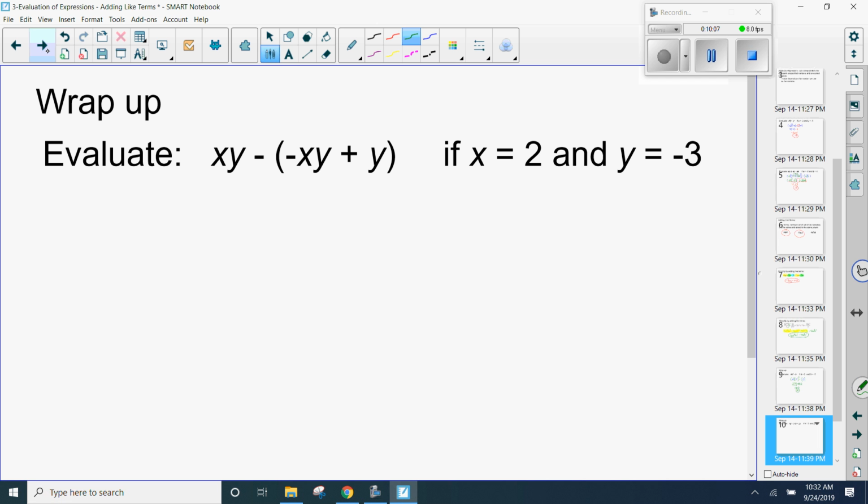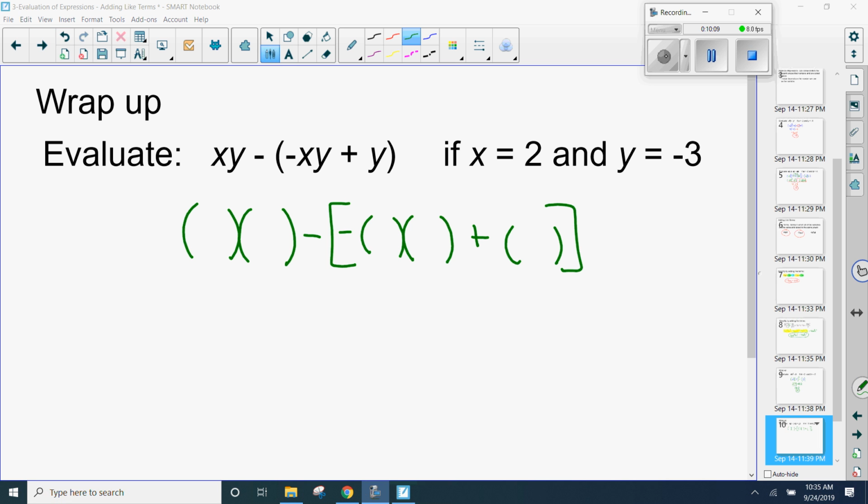Here's another one for you to try. All right. Start with your parentheses for your variables. Put your brackets in for the parentheses. X has a value of 2, and Y has a value of -3. First place that you start is parentheses.